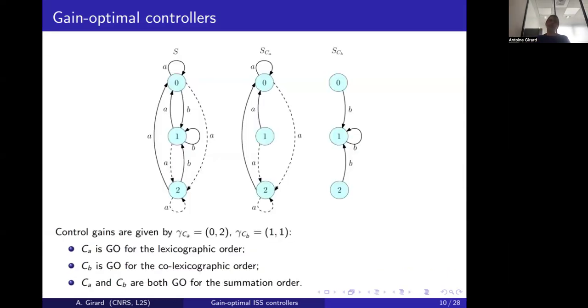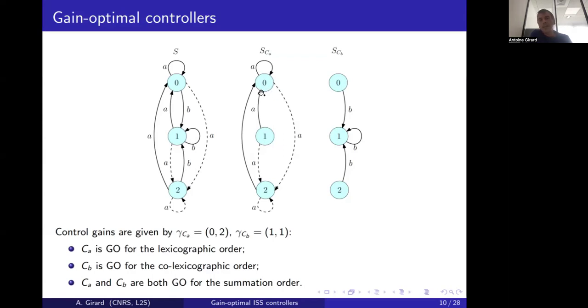Okay, let's go back to our example where we have these systems and two different controllers. If we compute the control gains for these two controllers, for instance, if we look at this one, when we have the low-level disturbance, the low-level disturbance edges are the plain edges. So you remove these dashed edges. You can see that when we only have low-level disturbance, we go to the state 0 here. So the control gain for the low-level disturbance is 0.